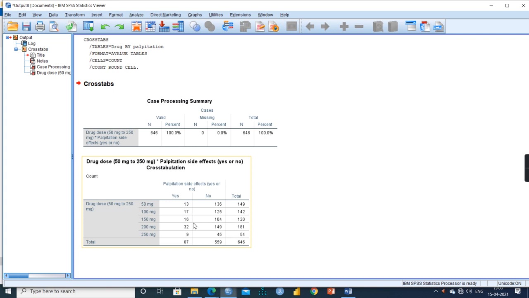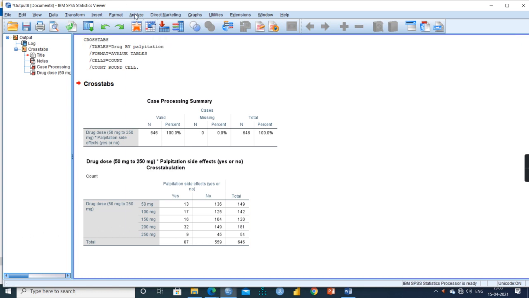Likewise, respectively 17, 16, 32, and 9 have reported palpitation. So from this we can understand that for 200 mg it is high. So there are cases where they are finding palpitation. Amongst these, 200 seems to be very high. So first we will look into that.